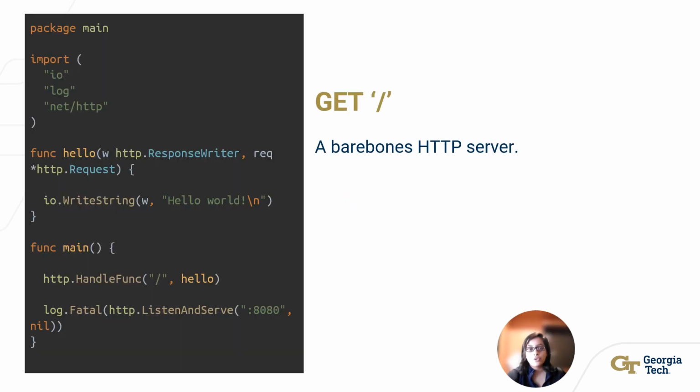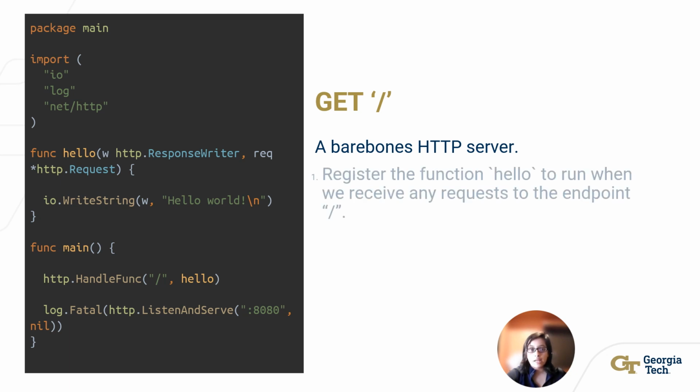In the given code, you'll see that we import the necessary packages, including net/http. For HTTP handling, we define a function called hello, which takes two parameters, http.ResponseWriter and http.Request. The http.ResponseWriter is used to send the response to the client, and http.Request contains information about the incoming request.